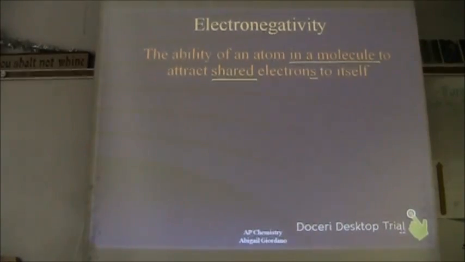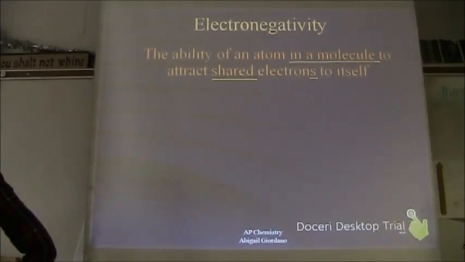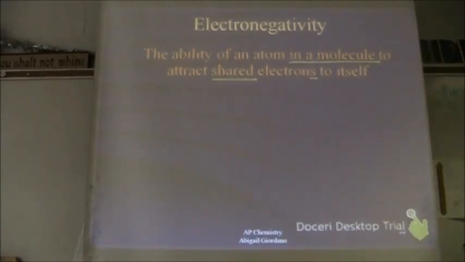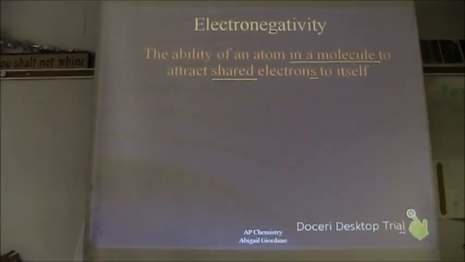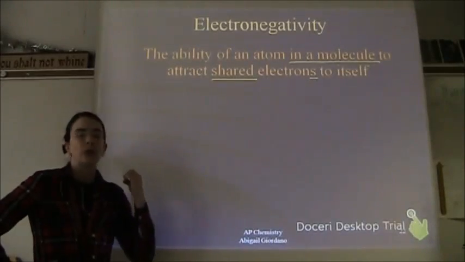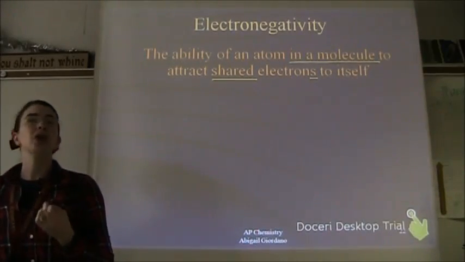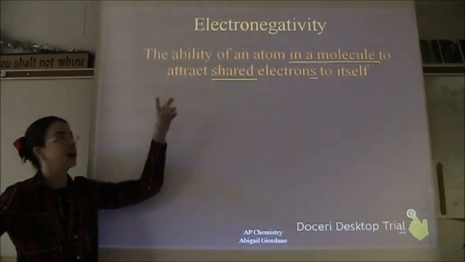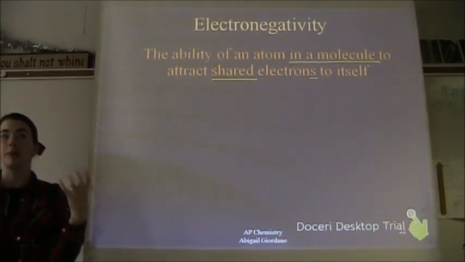Guys, electron affinity is the ability of an atom to attract an electron, meaning a single electron, to itself. When we talk about electron affinity, we are not talking about an atom that is tied up in a chemical bond.